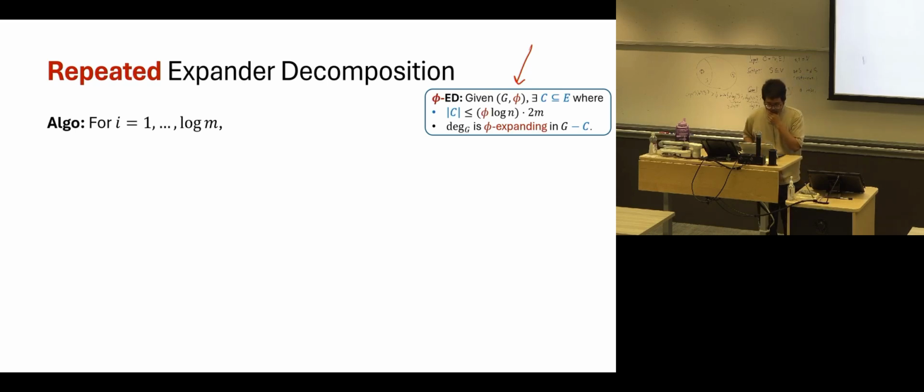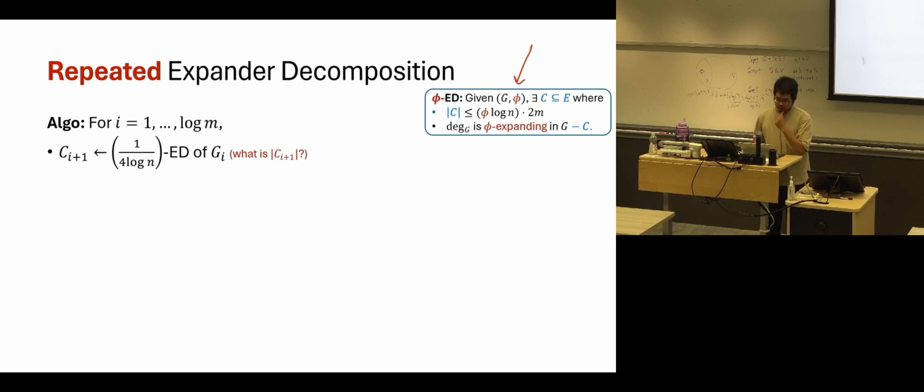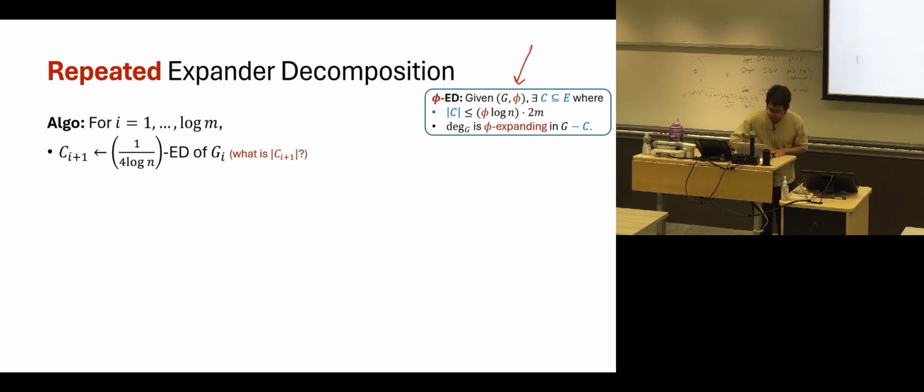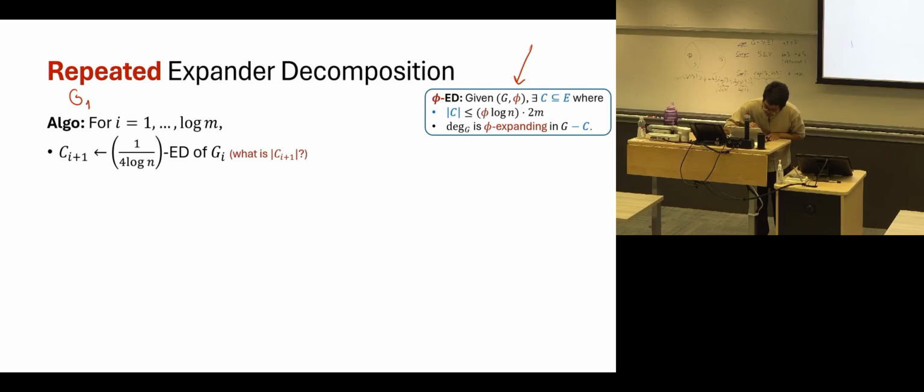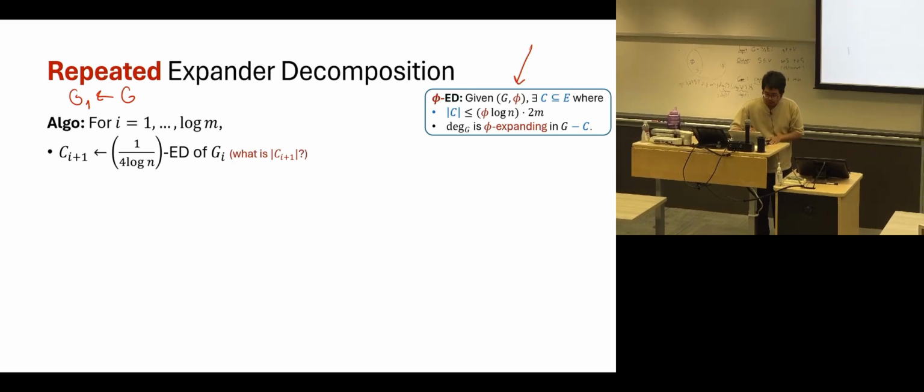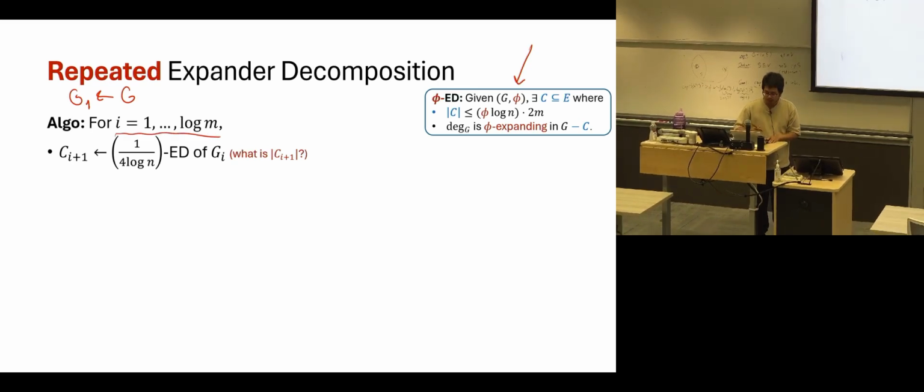I'm going to repeat something like log m times. Actually, I should say: set G1 to be G, the original graph, and then I loop log n times.